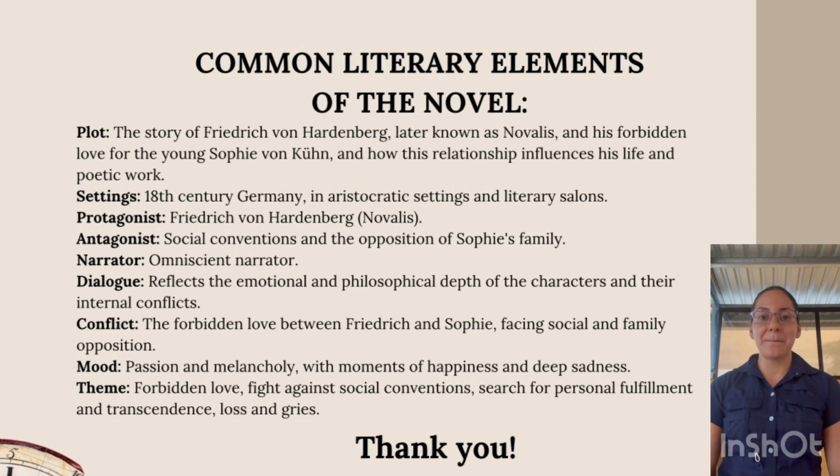Antagonist: social convention and Sophie's family opposition. Narrator: omniscient narrator. Dialogue: reflects emotional and philosophical depth. Conflict: forbidden love facing social and family opposition. Mood: passion and melancholy. Theme: forbidden love, social convention, personal fulfillment, and grief.